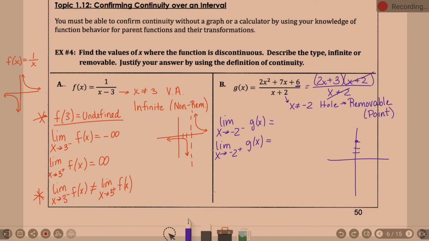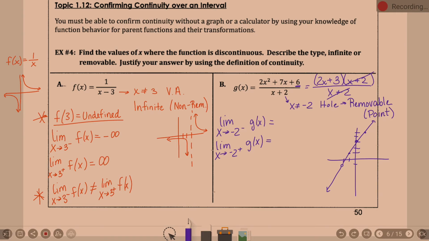Rise 2, run 1, down 2, something like this, except this one over here that's at negative 2 is going to actually be a hole. So it's a line that has a hole right there. So in other words, if you have a factor that cancels, you can graph 2x plus 3 and just realize, oh, I have a hole there.